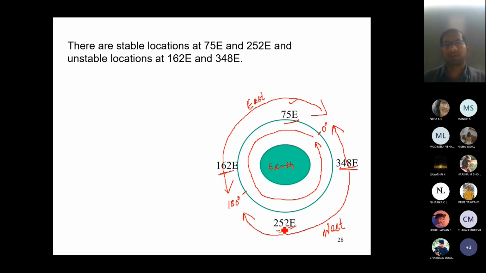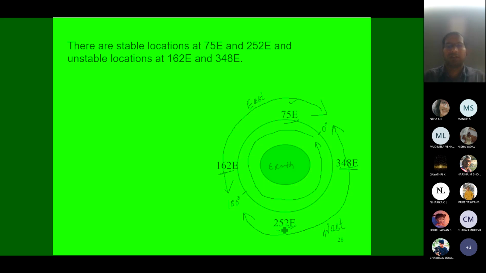Okay, but as far as the Indian satellites are concerned, particularly those INSATs, those satellites are at 74° east longitude. So we are fortunate enough.